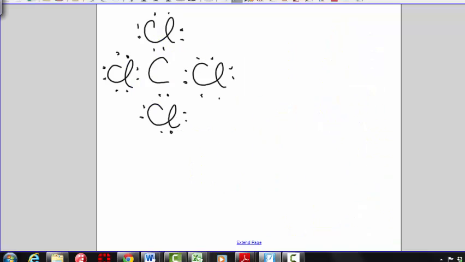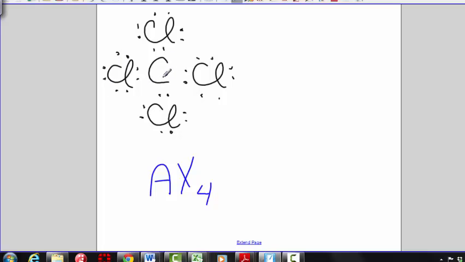Let's look at this one. This is carbon tetrachloride. There's my carbon, 4 chlorines. This one is still AX4, just like the methane. All these lone pairs on the chlorine, they don't count as E's because they are not on the carbon.